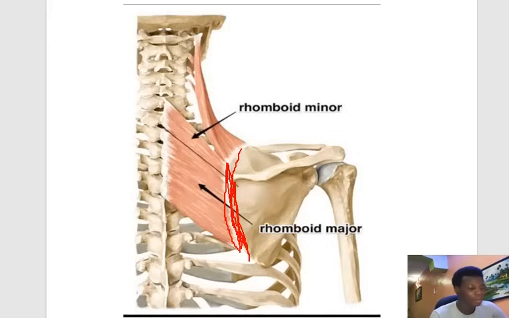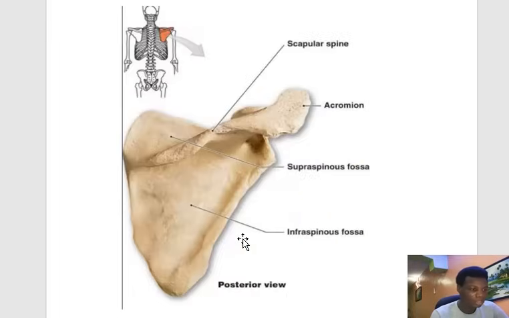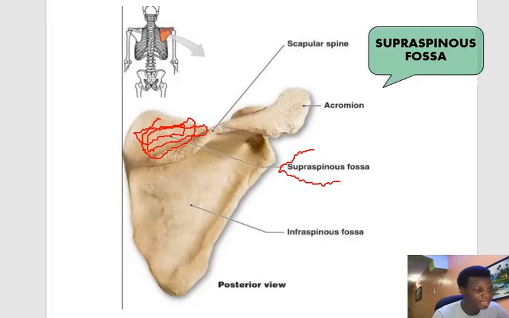Let's move on now and talk about the fossae around the posterior part of the scapula. There is a very small fossa within this superior part of the scapula. That fossa is called the supraspinous fossa.